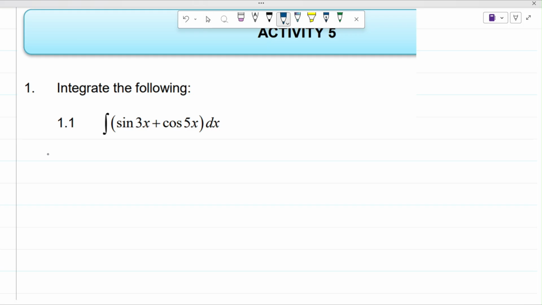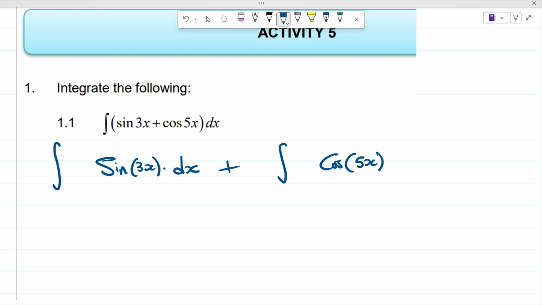What we're going to do is rewrite this nicely. I can split them and have the integral of sine of 3x dx plus the integral of cos of 5x dx.